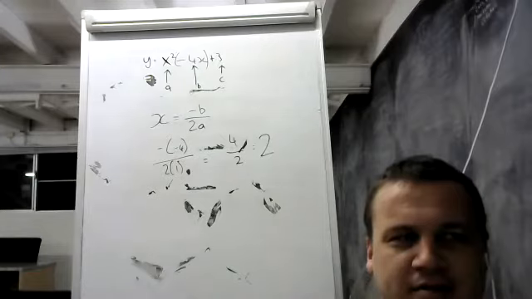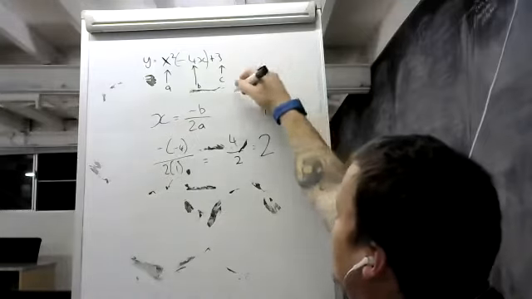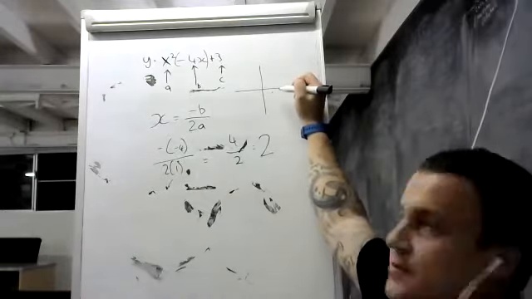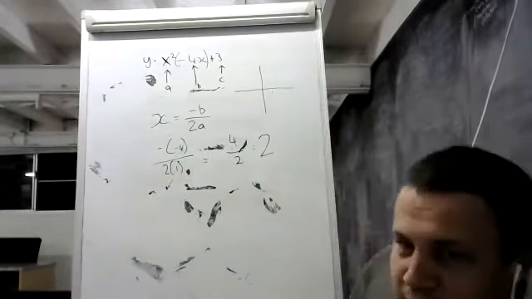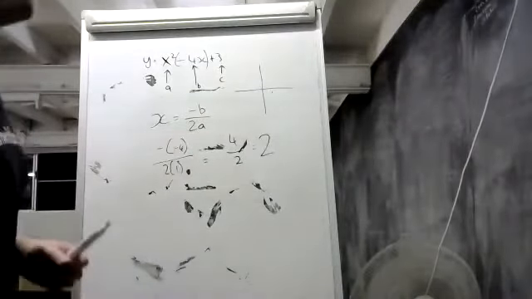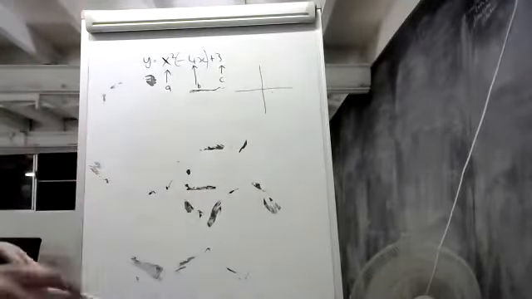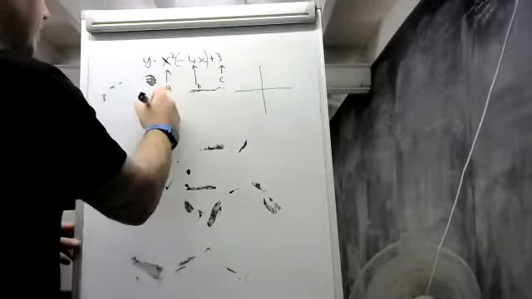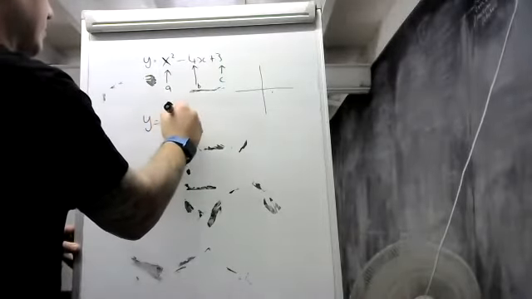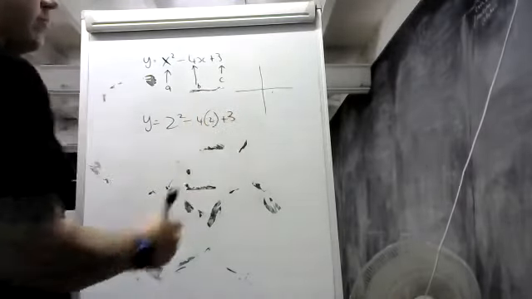Do we know what the vertex is on a graph? If we had a graph, the vertex is the lowest point that the parabola will reach. In this case, if we plumb 2 back into the original equation, it gives us the y value. So y equals, what's that give us?